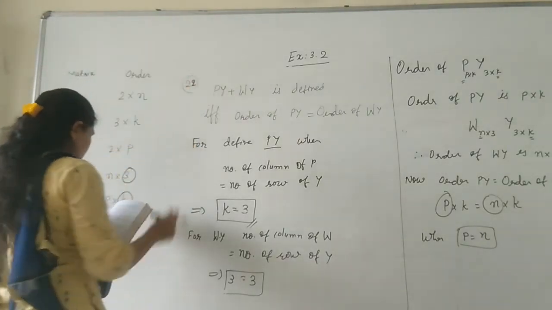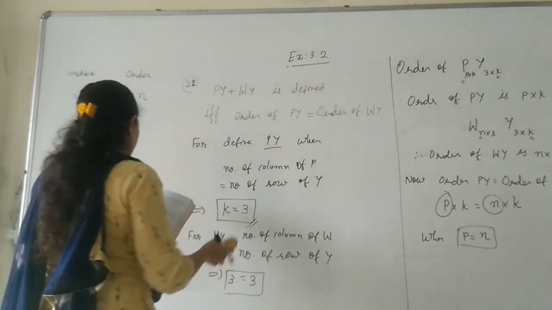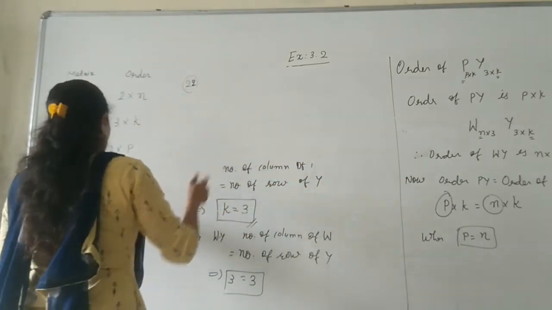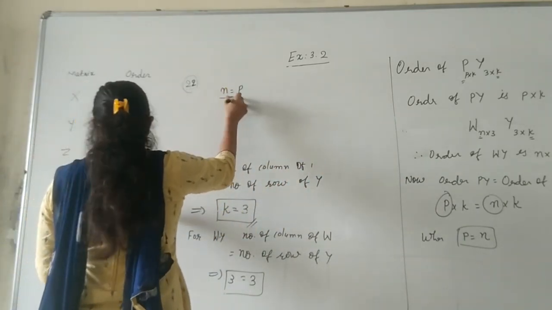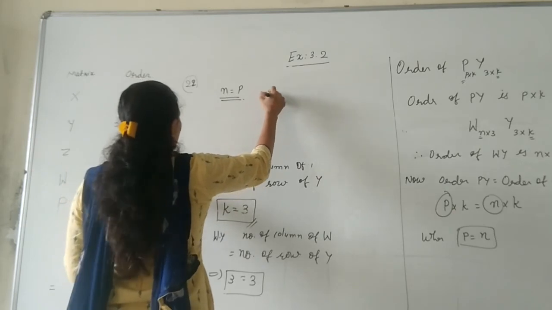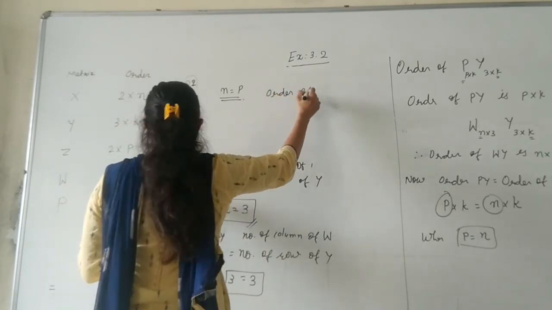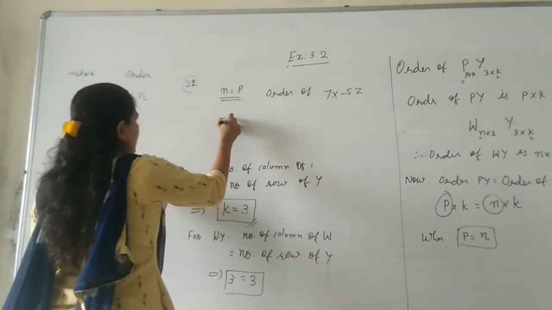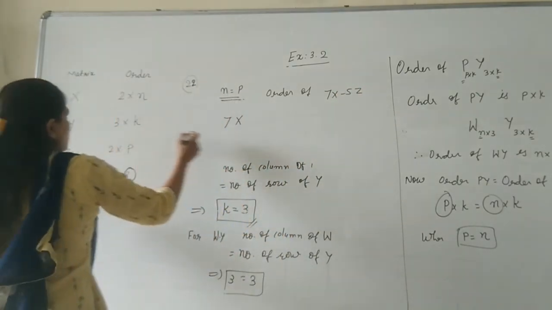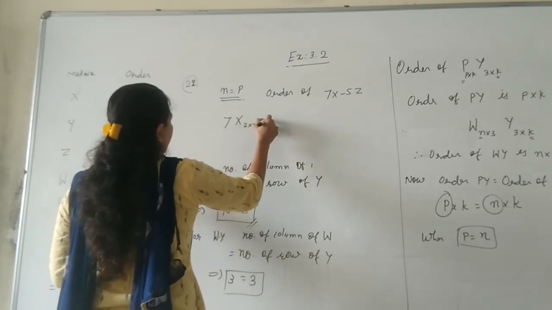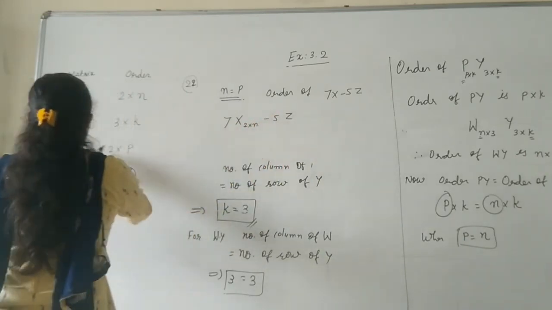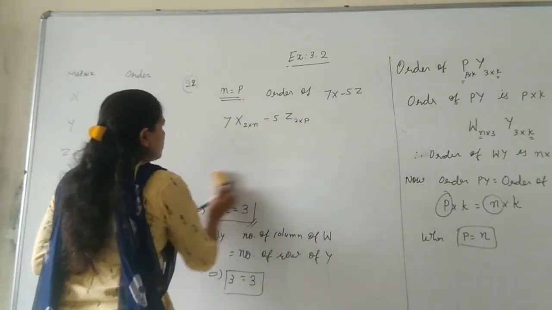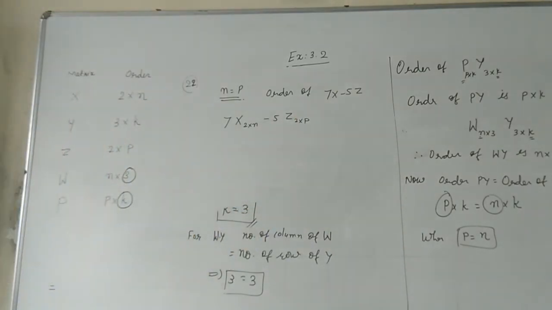Let me see the last question of the exercise. 22 is: if n is equal to p, then the order of 7X minus 5Z. What is the order of X that we have? 2 by n. Minus 5Z, Z is 2 cross p. Okay, so it is defined only when n is equal to p.